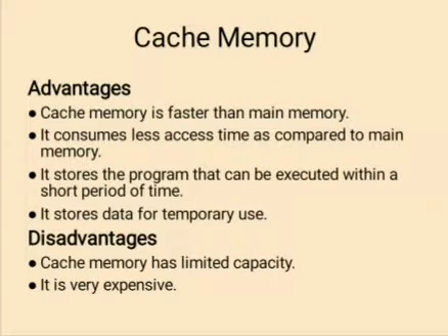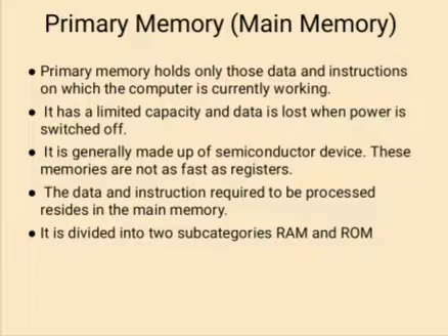So for cache memory there are advantages and disadvantages. The primary memory holds the instructions the computer is currently working on. It has limited capacity, and its data is lost when the power goes off.